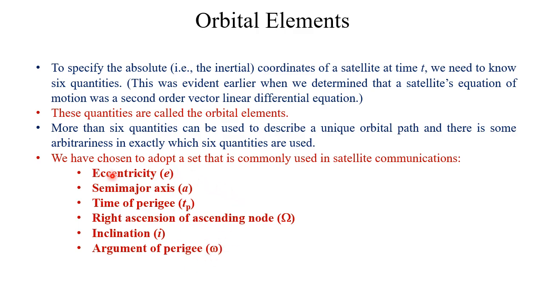So these are the 6 orbital elements. That means if we know all these 6 parameters, we can easily specify the orbit of a satellite and we can locate the satellite in the orbit.